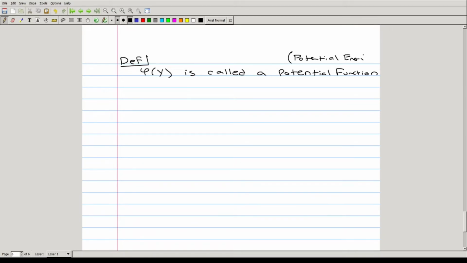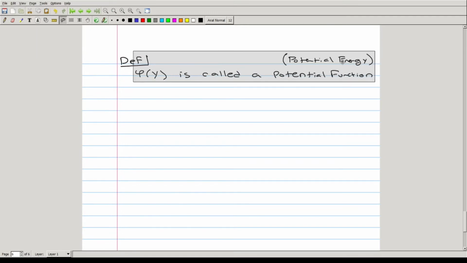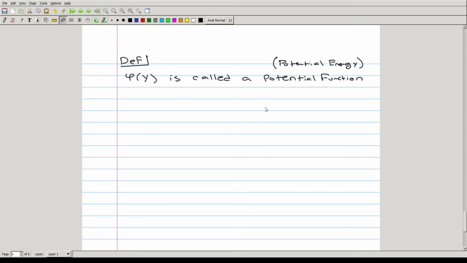We'll see it's more general than that and applies to more general scenarios, but it's very intimately related with the potential energy function in physics. Phi of y is called a potential function for the differential equation if f of y can be written as negative phi prime of y.